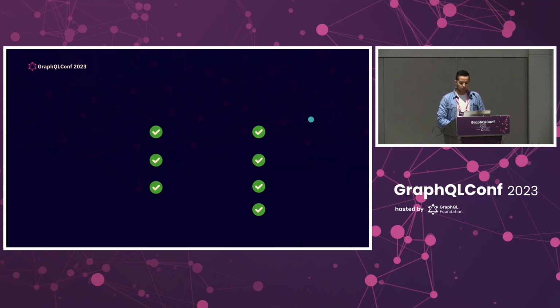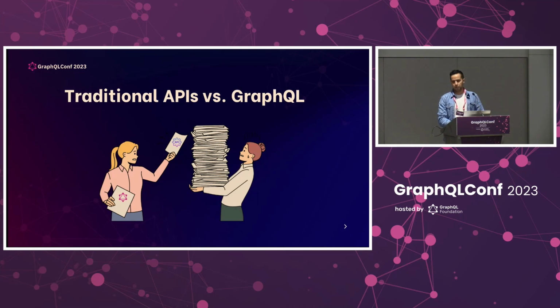Cool. So generally speaking, in REST APIs, the server determines the shape and the structure of the data, where clients may receive more data than they need or less data than they need, as an example of underfetching and overfetching. On the other hand, GraphQL empowers clients to define their data requirements through queries.